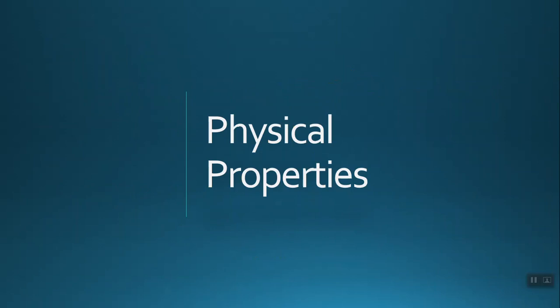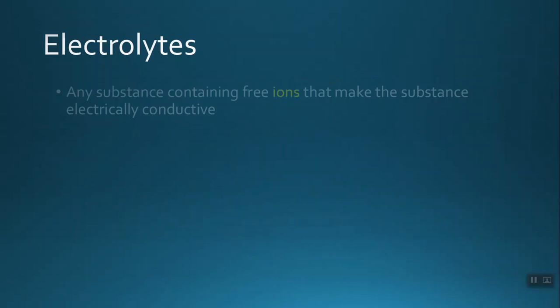The last thing we're going to talk about are some physical properties of solutions. The first thing we'll talk about is electrolytes. You guys have seen this word before. We talked about electrolytes in terms of conducting electricity, and we talked about it with ionic compounds and covalent molecules. An electrolyte is any substance containing free ions that make the substance electrically conductive.